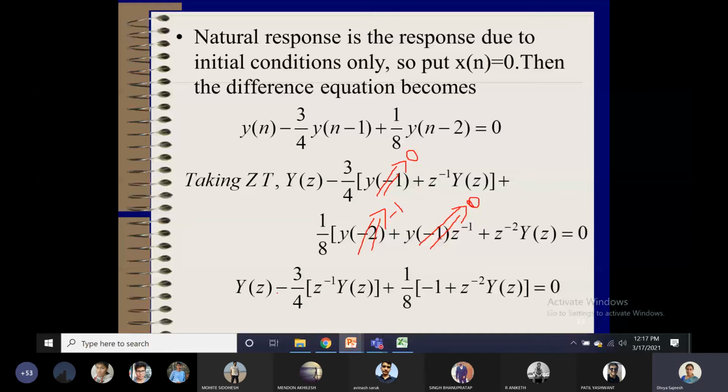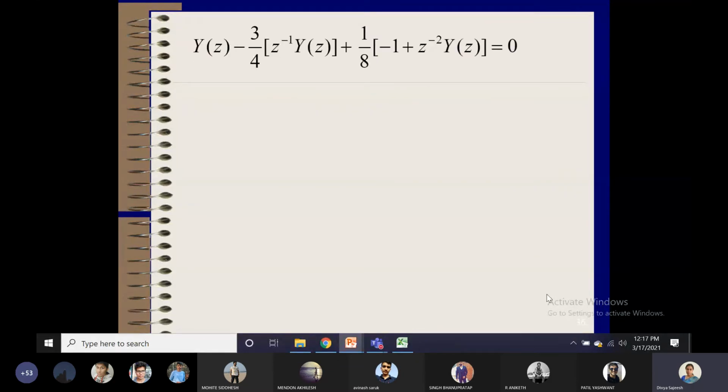So your term will become Y of z minus 3 by 4 z inverse Y of z plus 1 by 8 z raised to minus 2 Y of z equal to 0. Now let us rearrange it.